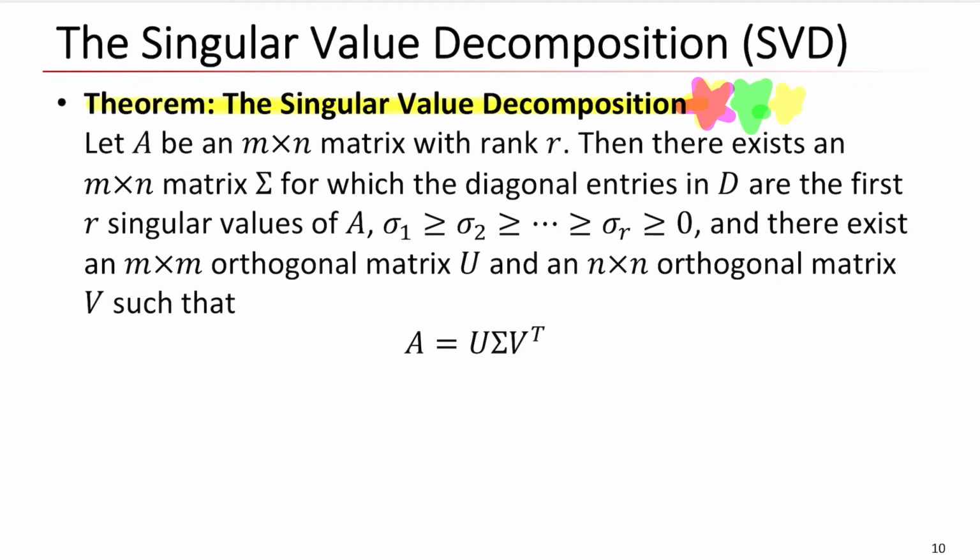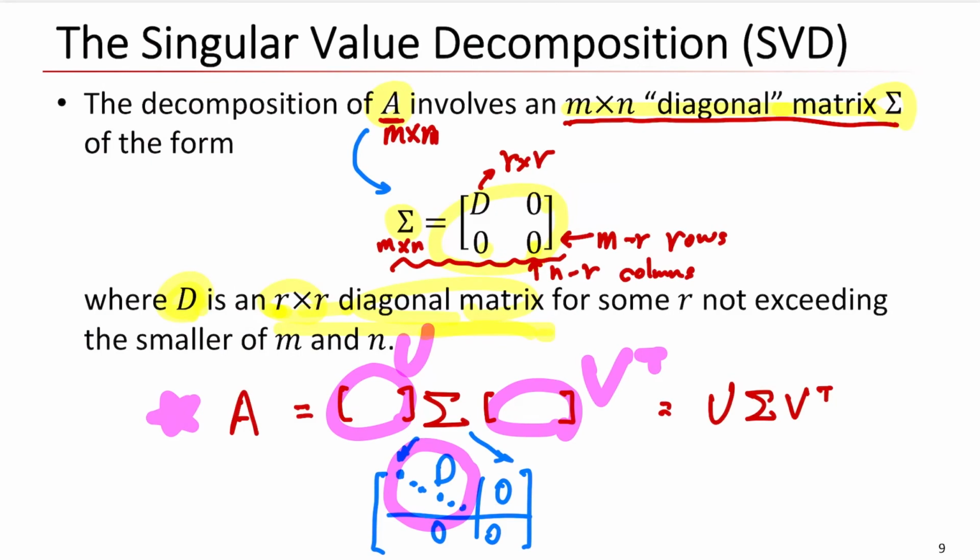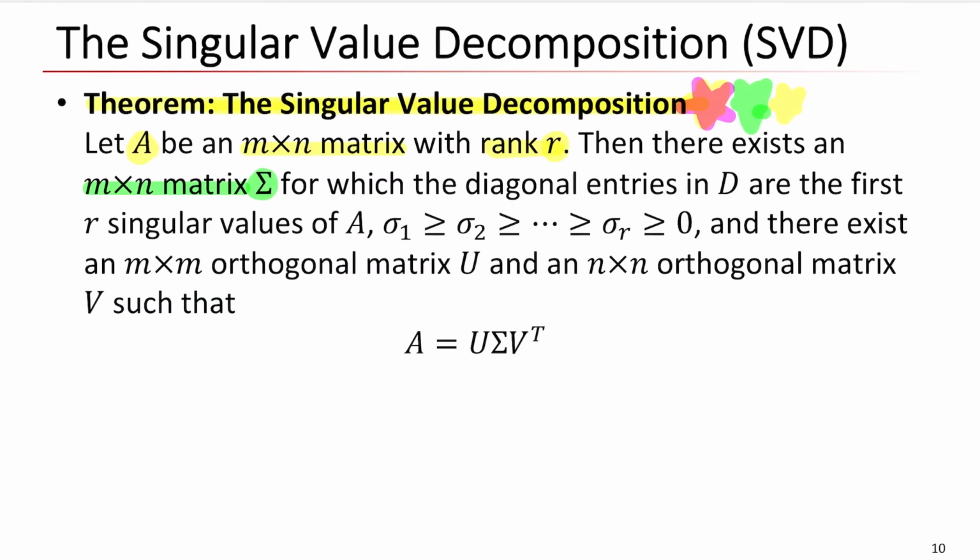Let matrix A be an m by n matrix with rank r. This is an arbitrary m by n matrix. Then there exists an m by n matrix sigma, similar to here, for which the diagonal entries in D are the first r singular values of A. What was the singular value?